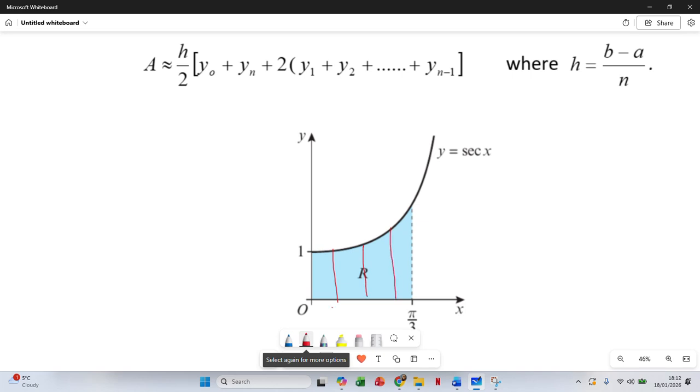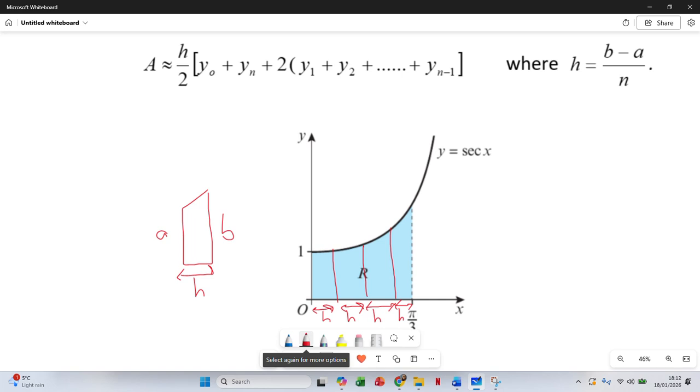And the idea is that this width here is the same each time. I know they're not exactly equal here, but that's the height of each trapezium. So the trapeziums look sort of upright like this, where this is the height and these are the other two sides.